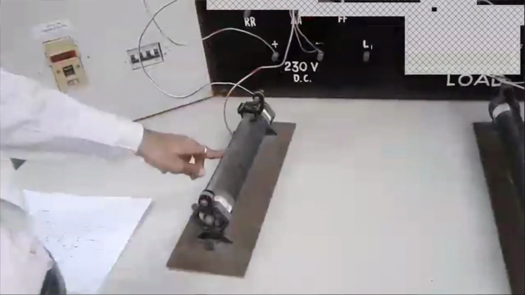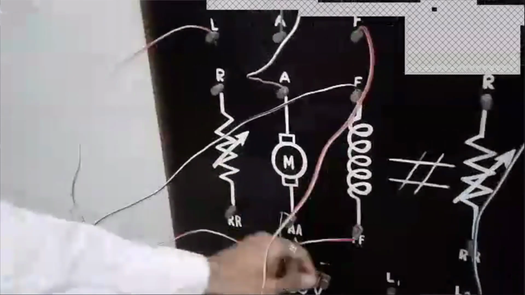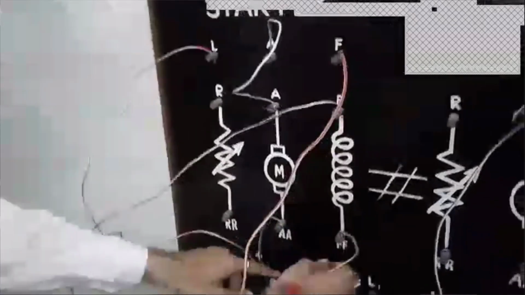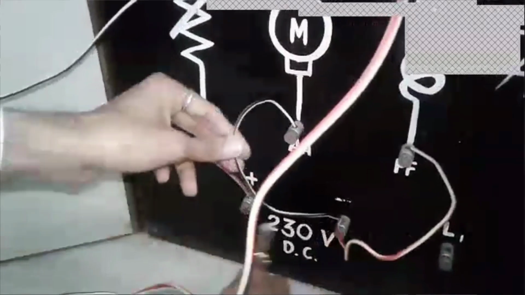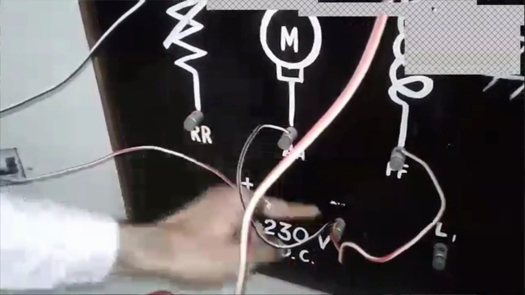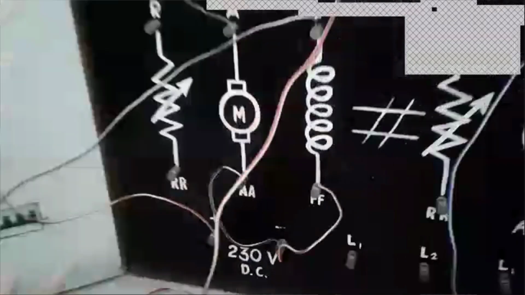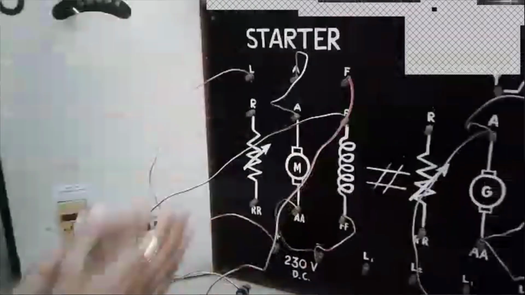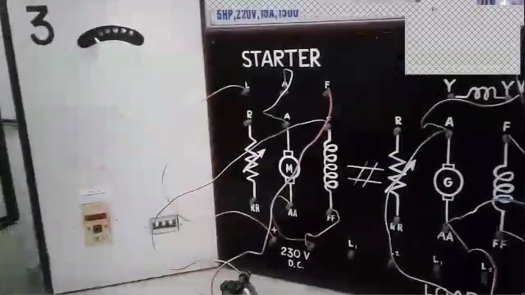The function of this rheostat is to control the field current of this motor. The second terminal of the field winding is connected with the negative terminal of the DC supply, and AA is also connected with the negative terminal of the DC supply. In this way we connect the DC motor, and we can change the field current and thereby change the speed of the generator.